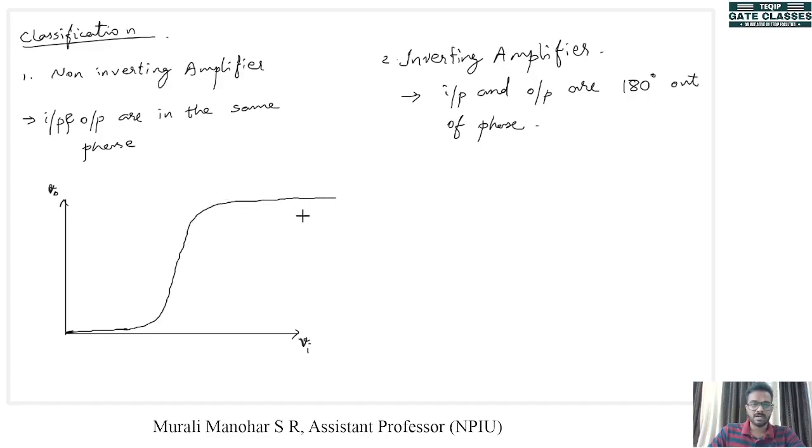This is the DC level. Most voltage amplifiers can only attain up to the DC level. Some power amplifiers can go beyond this level, in some configurations of power amplifiers. Depending on the output DC level, it can have different characteristics like this.